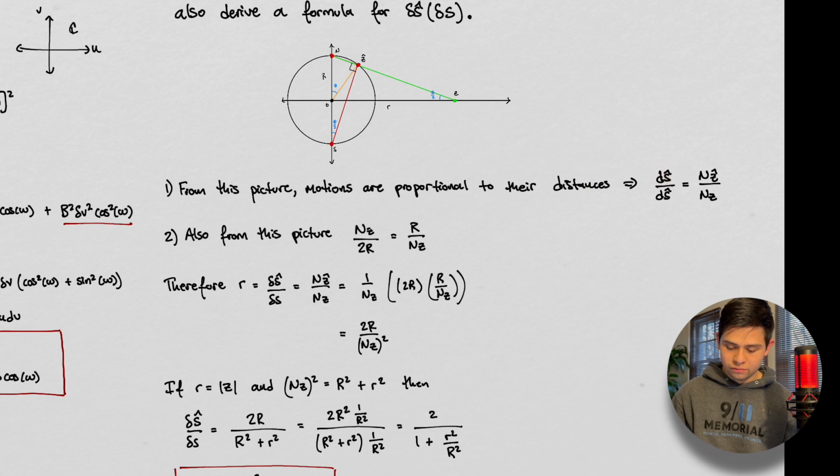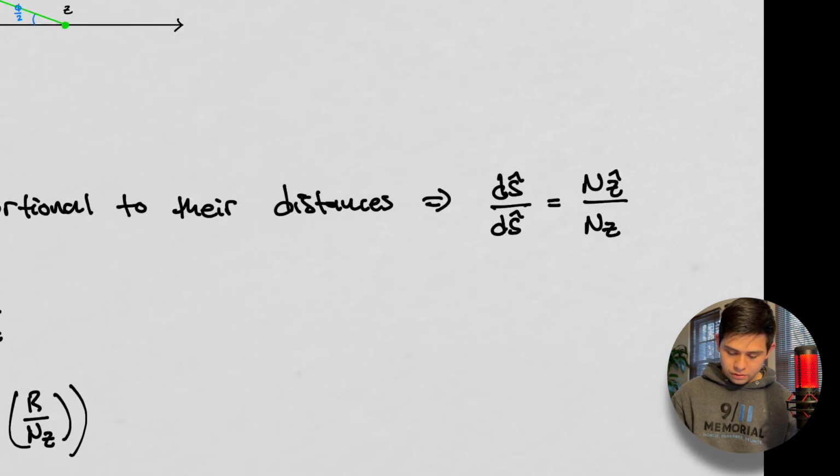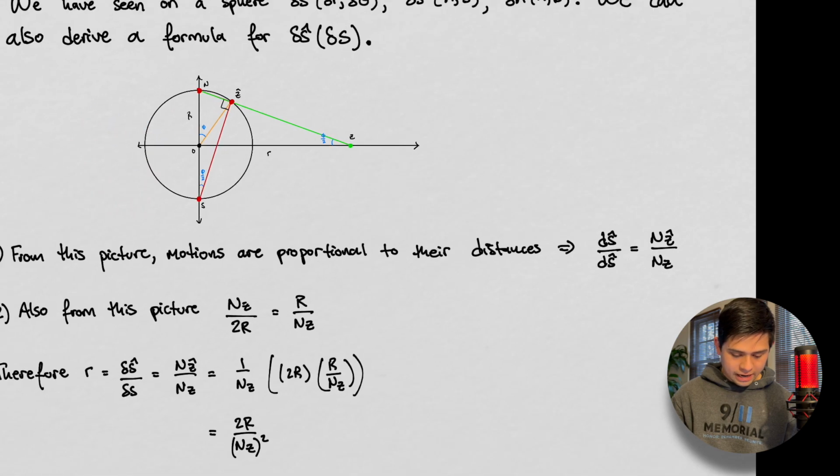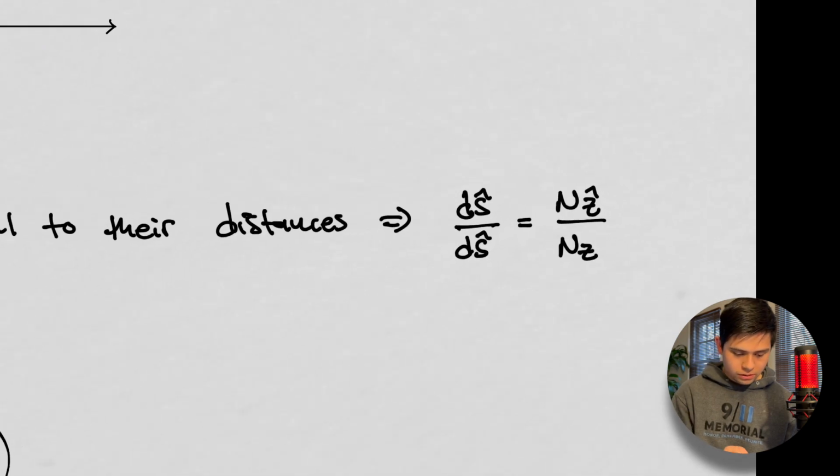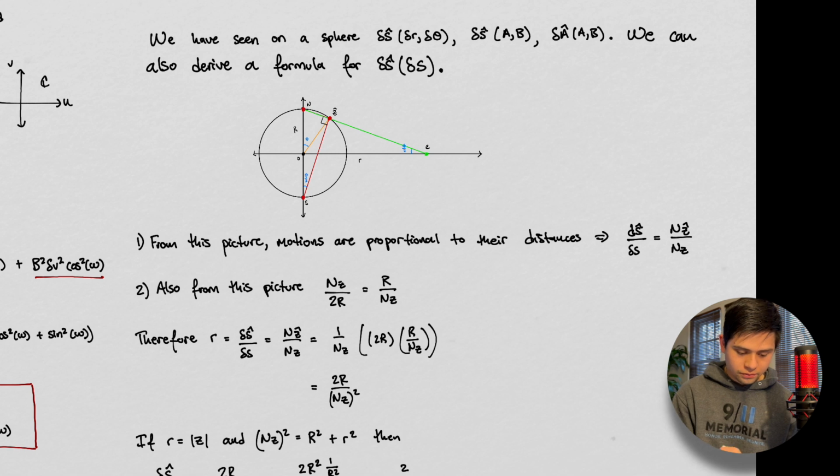So delta S hat over delta S is going to be proportional to NZ hat and NZ, the distance going from N to Z and the distance going from N to the complex plane.